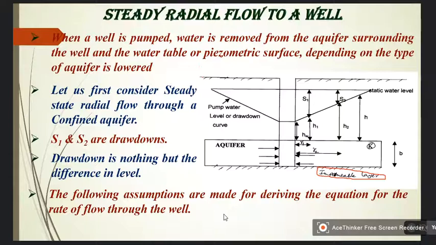And this is the ground surface. Now this is the static water level. The static water level means what? Suppose you are not doing any pumping, then the water level in the aquifer will be here.